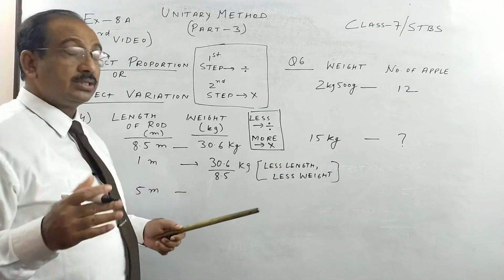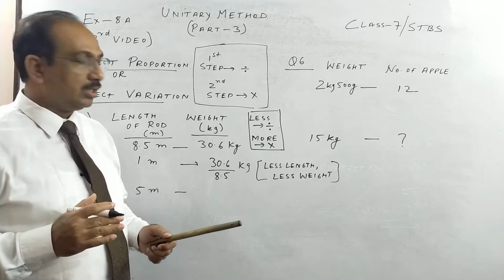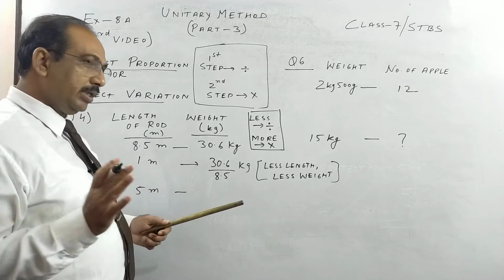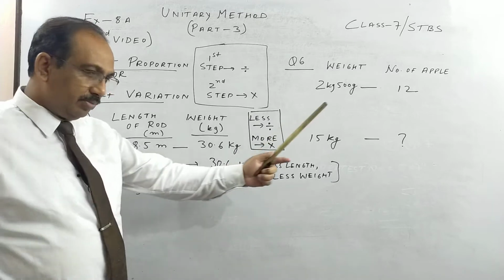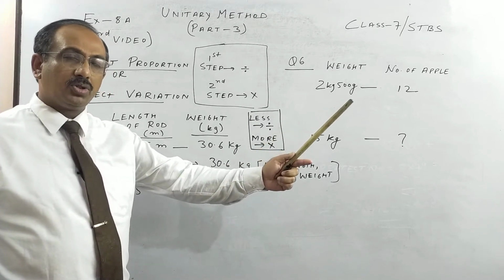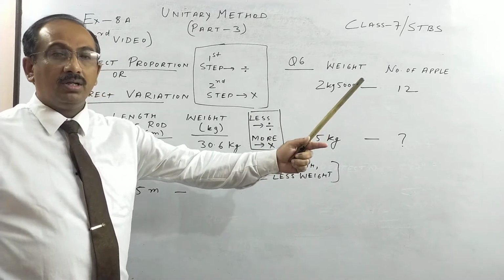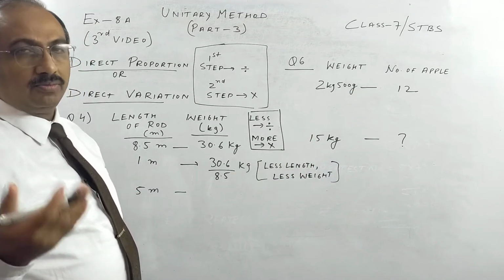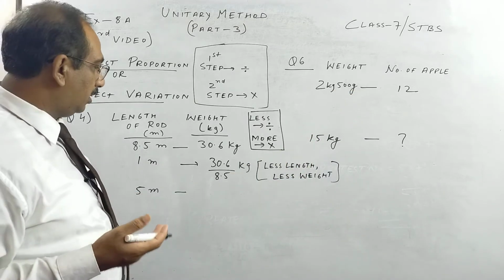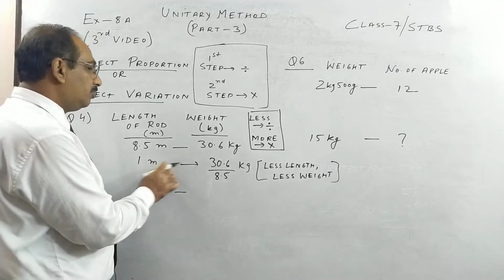So 1 meter is roughly 39 inches, 3 times that big scale plus 3 inches. When you go to a cloth shop, they generally have a meter scale, and they measure the length of the pant piece or shirt piece by that meter scale. So 1 meter will be less.